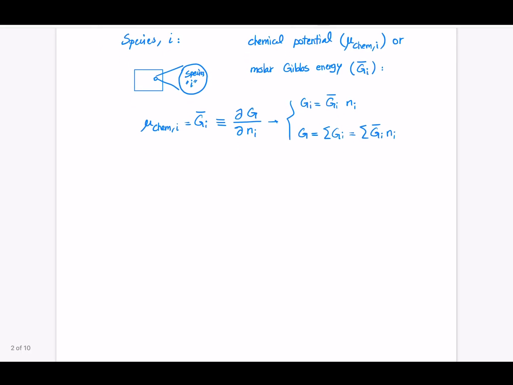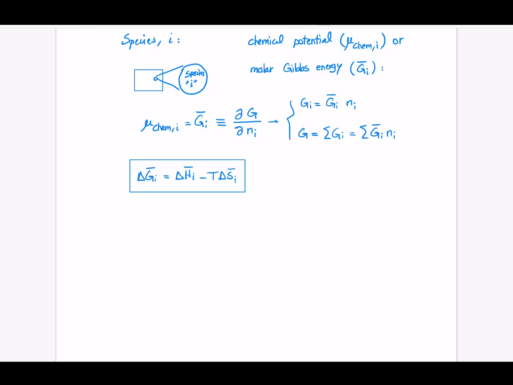And then we talked about how delta G for a species per mole is related to its delta H per mole and delta S for that species. Again, this is similar to the general description of delta G, delta H, and delta S that we had on the previous page.